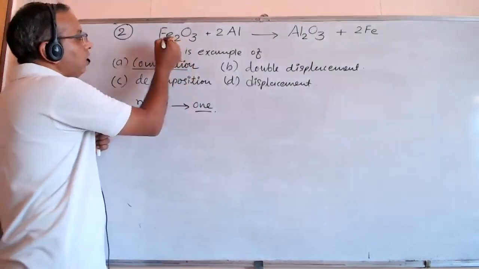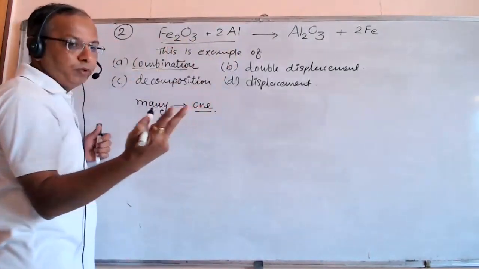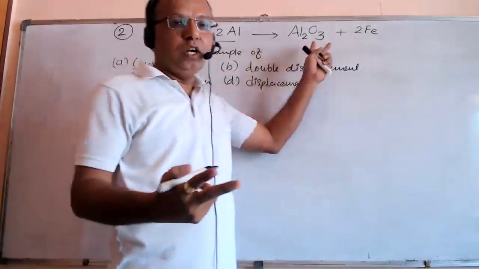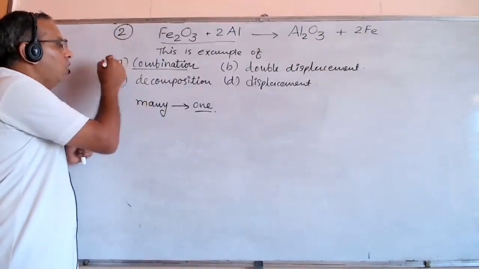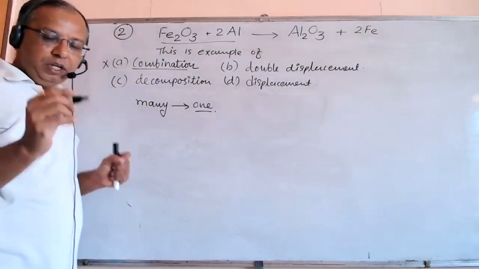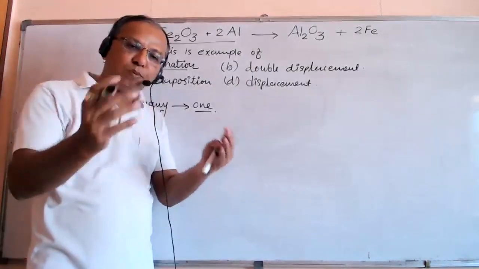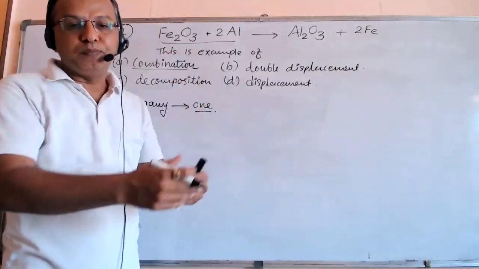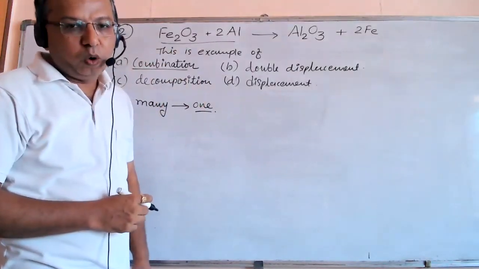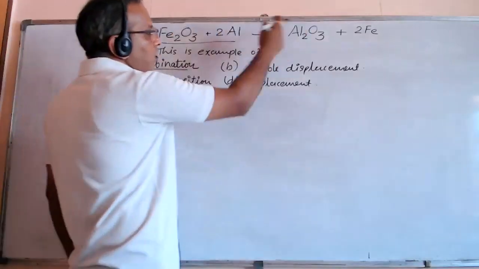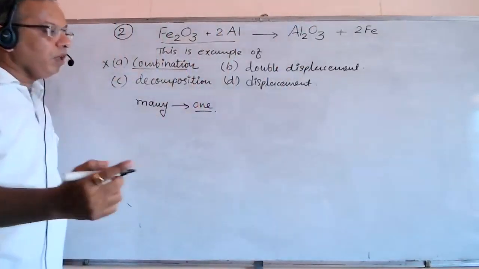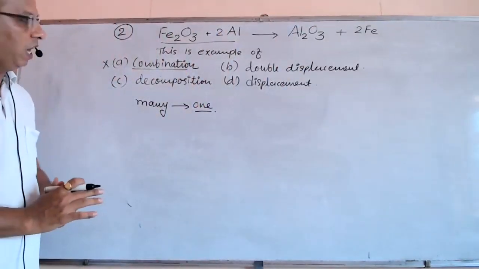So here you can see left side two reactants are there, right side two products are there. In combination, two or more components are combined to form one molecule or product. So this is not an example, because on both sides you can see, friends, two reactants and two products are there.